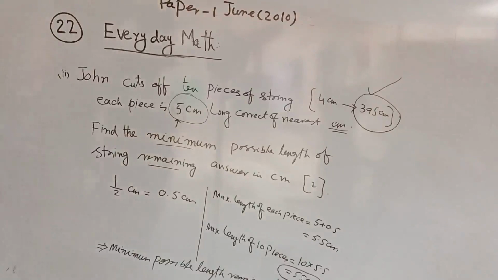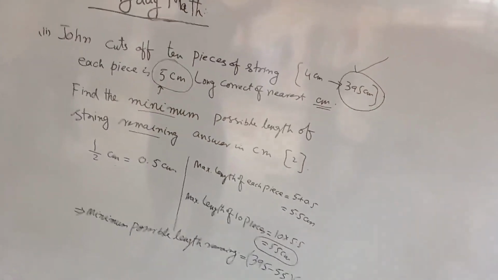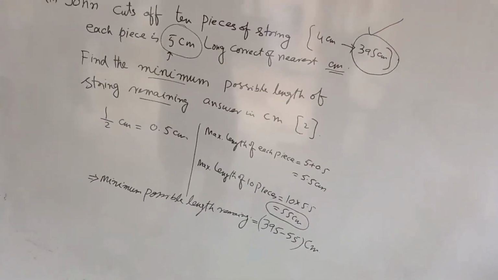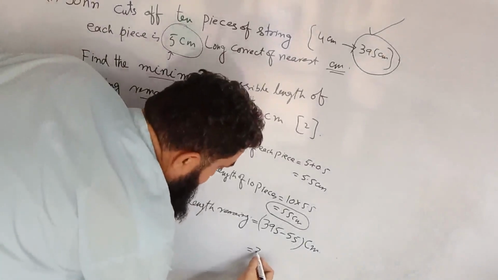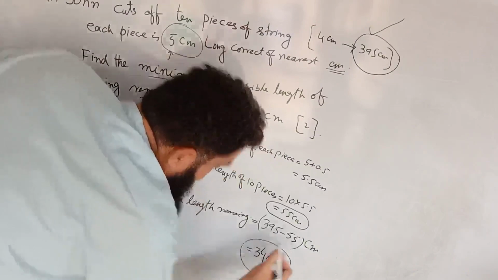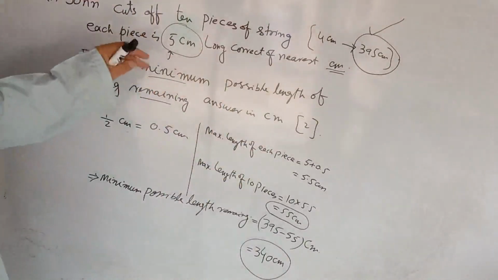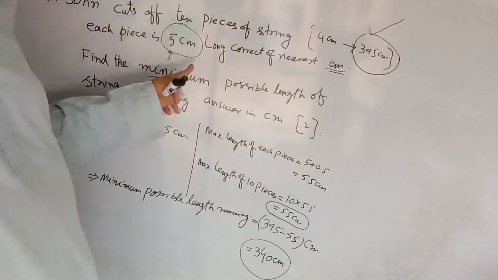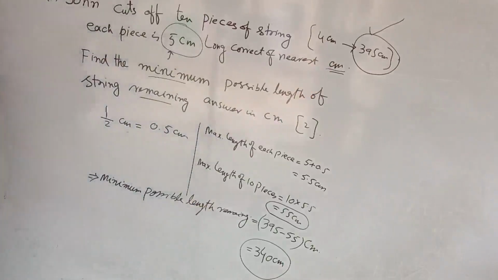So 395 minus 55 will give you what? 340. So answer will be 340 centimeters. This is the minimum possible length of the string which remains after cutting off 10 pieces, each of 5 centimeter length, correct to 1 centimeter. So answer will be 340 centimeter. That's it.